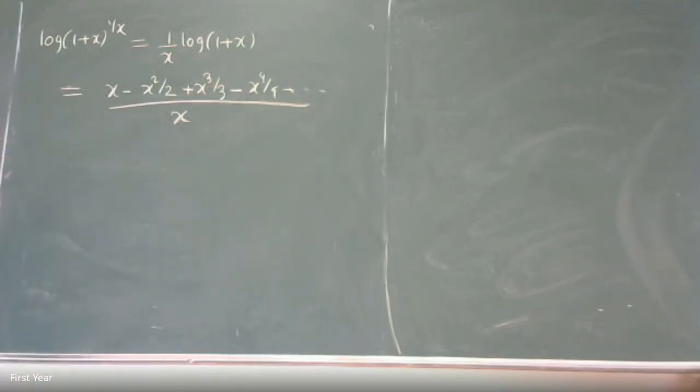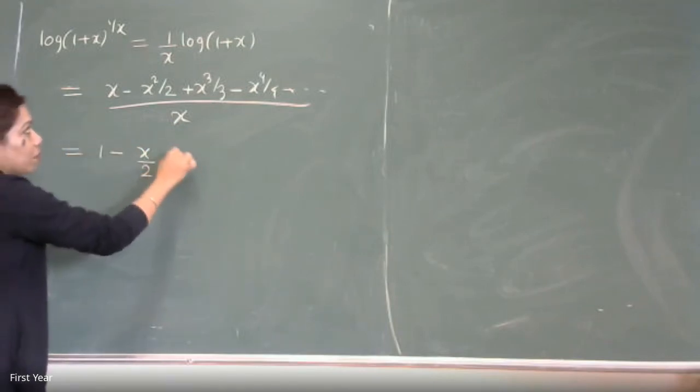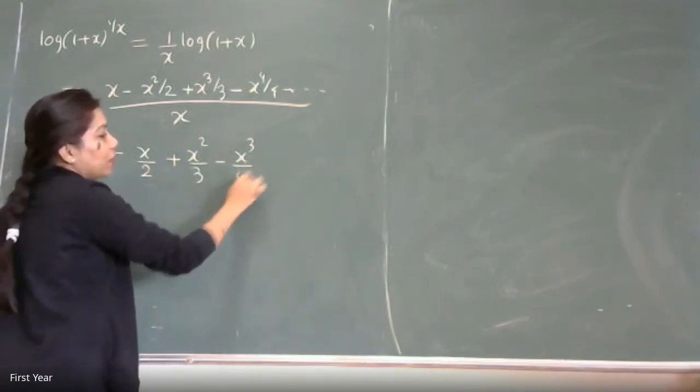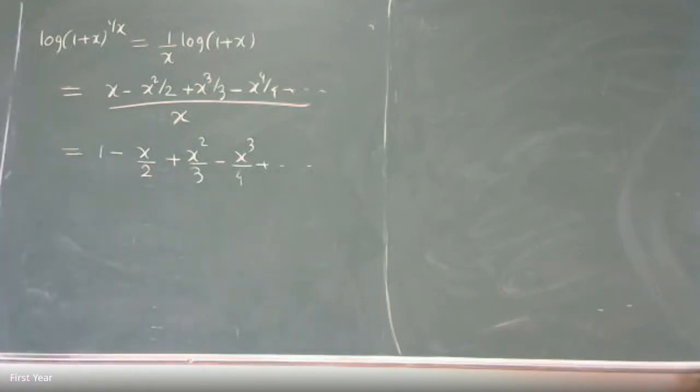This is a 2 marks question, so simple it is. Just divide by x and that will be your answer. So 1 minus x by 2 plus x squared by 3 minus x cubed by 4. Okay? This is one example.